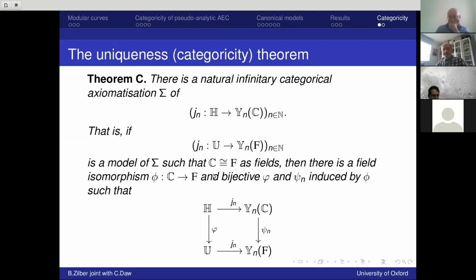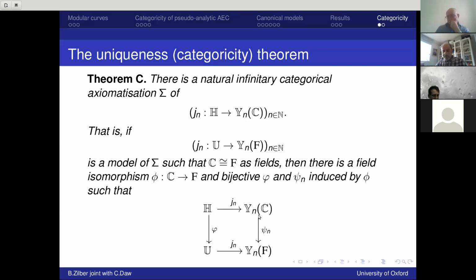Then you can pick an appropriate isomorphism between these two fields that of course will then also give you an isomorphism between the curves, a kind of Galois isomorphism.